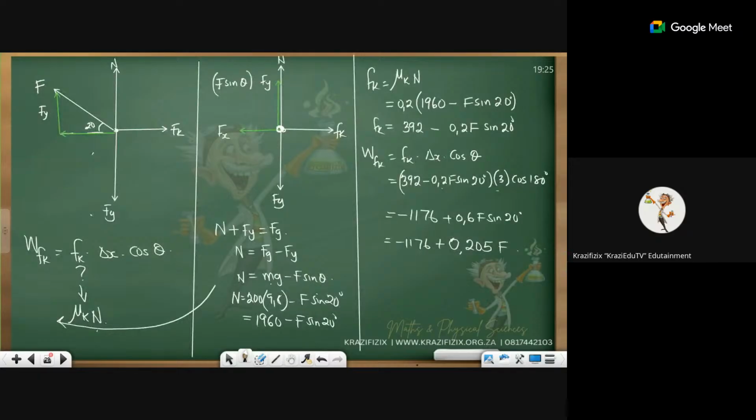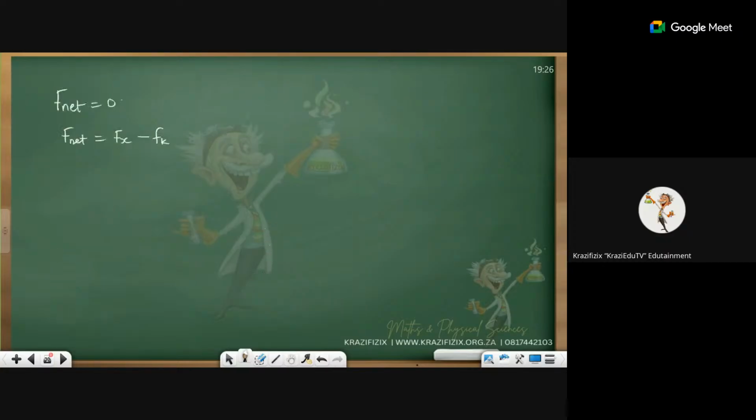So if we want our F net to be 0, we are saying F net is Fx minus friction. Where's my minus coming from? Negative and positive. And that should be equal to 0.